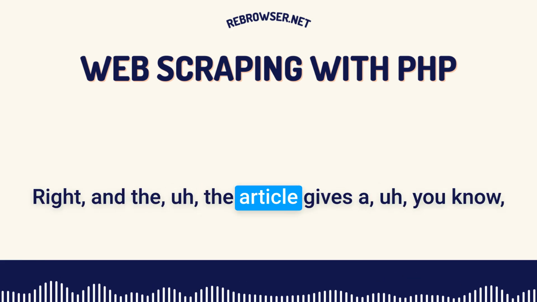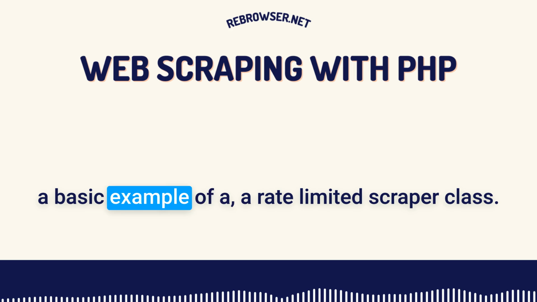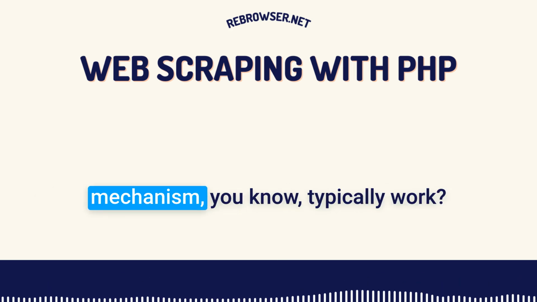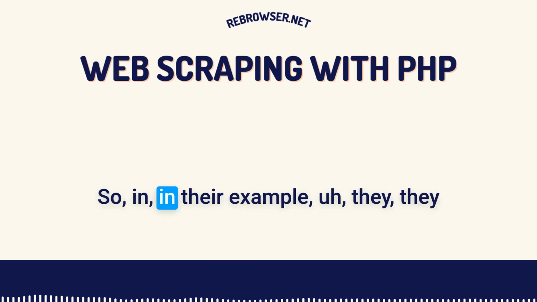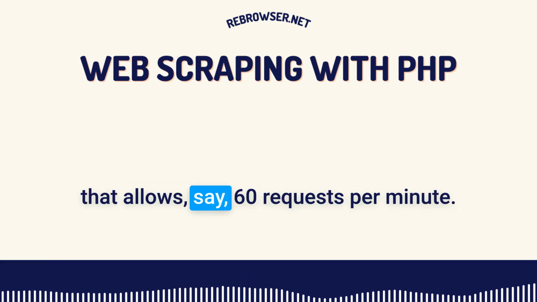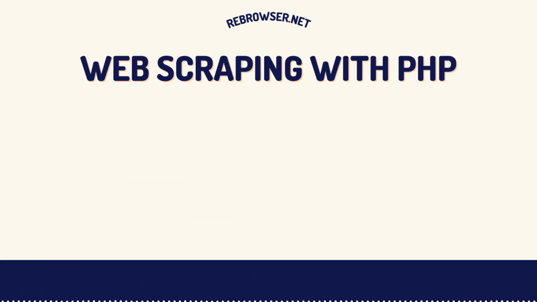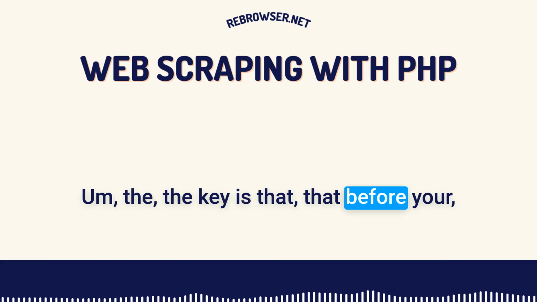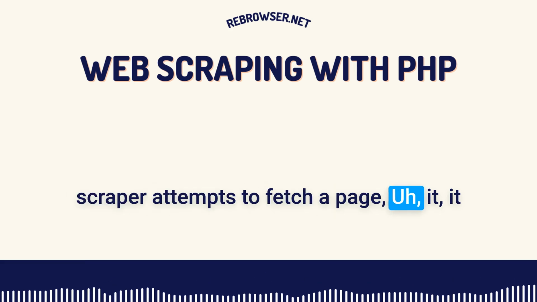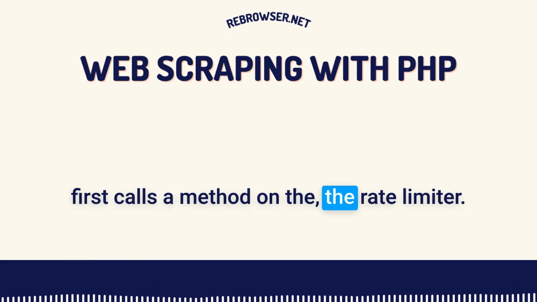The article gives a basic example of a rate limited scraper class. How does that mechanism typically work? In their example, they illustrate a simple rate limiter that allows, say, 60 requests per minute. The key is that before your scrape method in the rate limited scraper attempts to fetch a page, it first calls a method on the rate limiter.